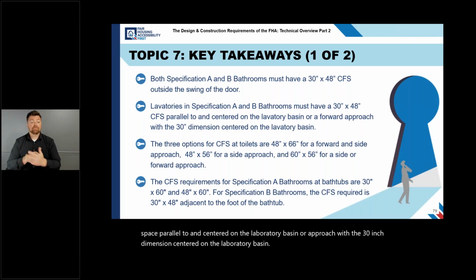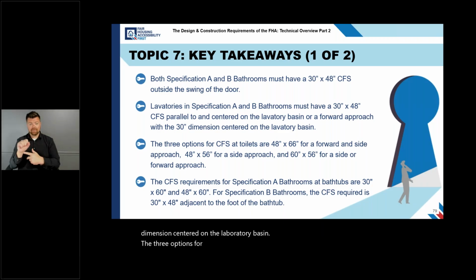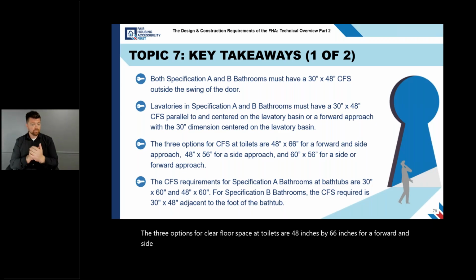The three options for clear floor space at toilets are 48 inches by 66 inches for a forward and side approach, 48 inches by 56 inches for a side approach, and 60 inches by 56 inches for a side or forward approach.